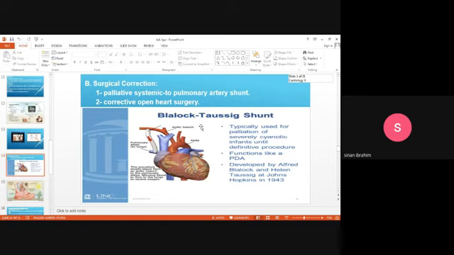To cut this circle of recurrent attacks of spells, we do a shunt, as we see here in the picture, between the right subclavian artery and pulmonary artery to increase the blood flow to the lung, to overcome the severe right ventricular outflow obstruction and to decrease the cyanosis of the patient.